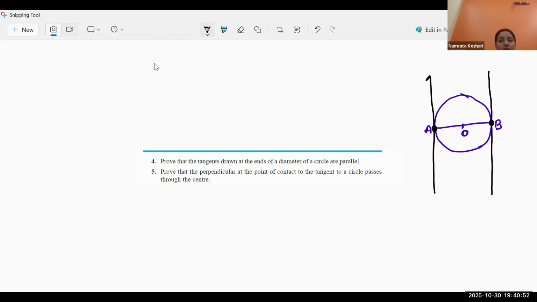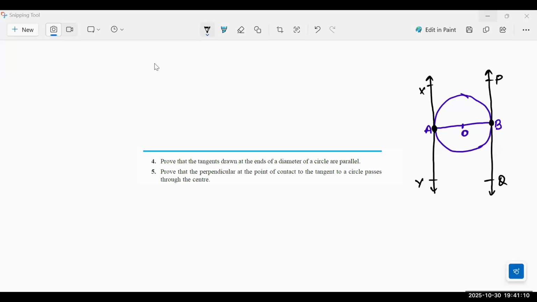You can name them straight line XY and straight line PQ. You have to prove that XY is parallel to PQ. That's what we have to show here.